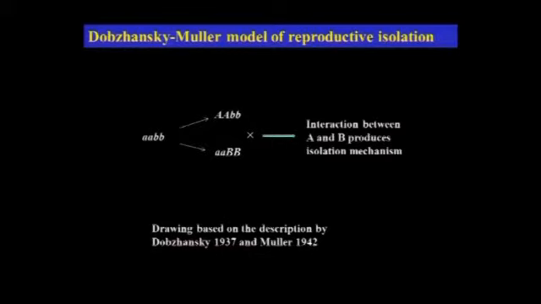Basically, this is what they said: starting with AABB, but at that time they started with lowercase letters. Gradually one clade evolved a capital A and another lineage evolved a capital B. When these two meet later on, the interaction between the capital A and capital B produces an isolation mechanism. That was the model produced 80 years ago.